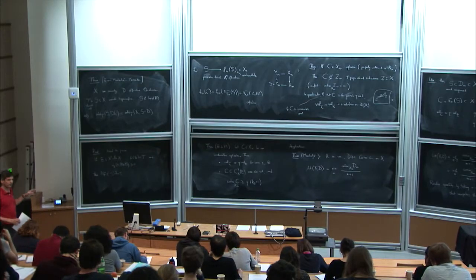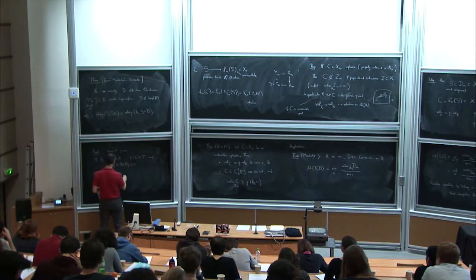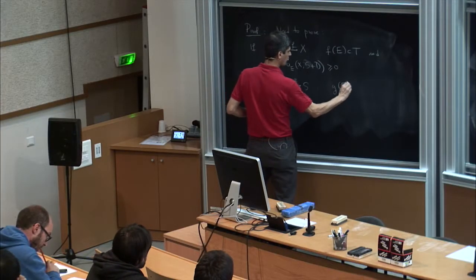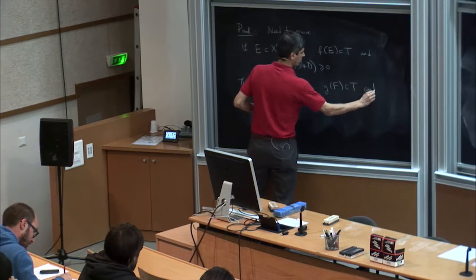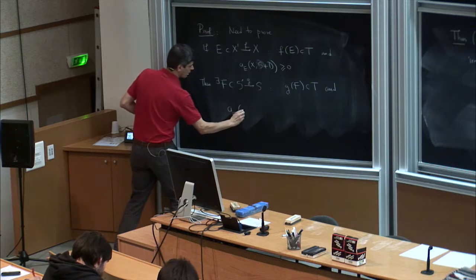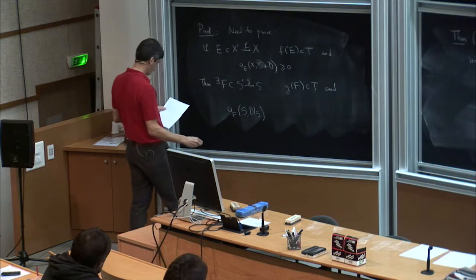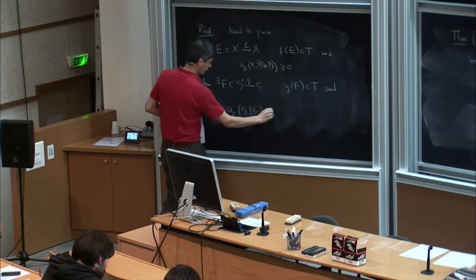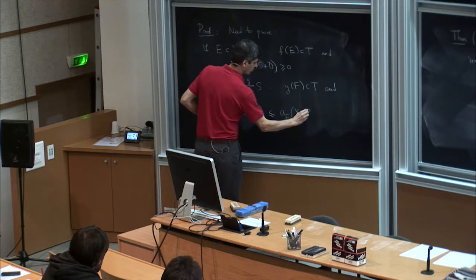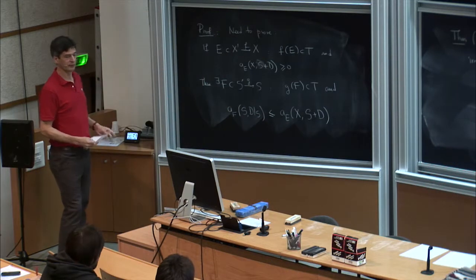I may actually need to blow up a little further, but on some resolution there's some F mapping over S such that the image of F is also contained inside T. And more importantly, the log discrepancy along F of S and D restricted to S is less than or equal to the log discrepancy along E of X, S plus D. So this is really the only thing left to do.